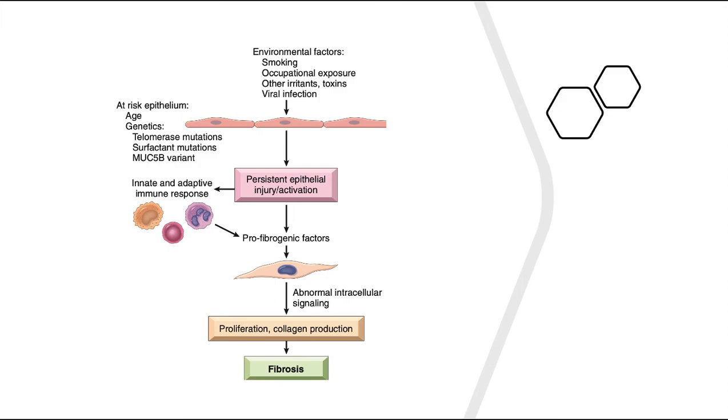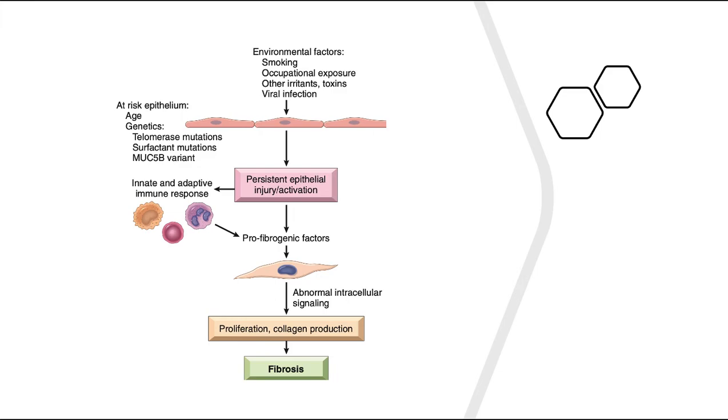The cause of the injury is obscure, and a variety of sources have been proposed, including chronic gastroesophageal reflux. However, only a small fraction of individuals suffering from reflux or exposed to other proposed environmental triggers develop idiopathic pulmonary fibrosis. Therefore, other factors must have a predominant role.